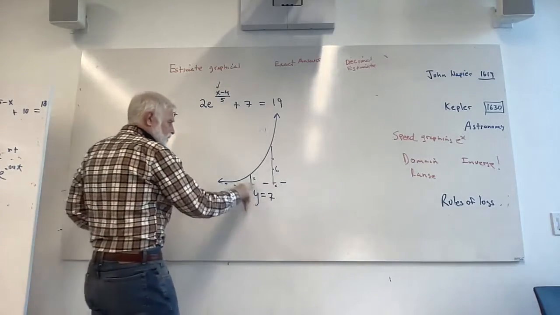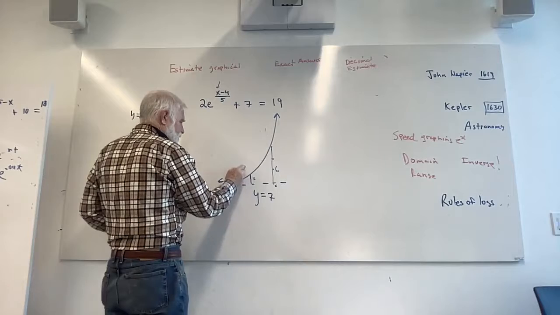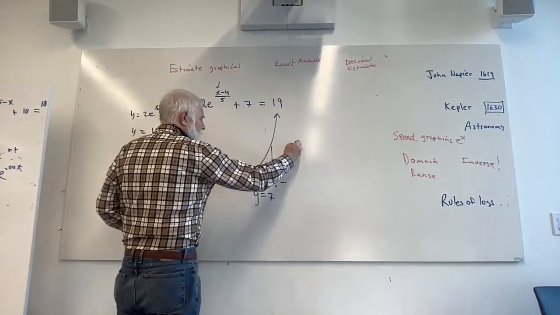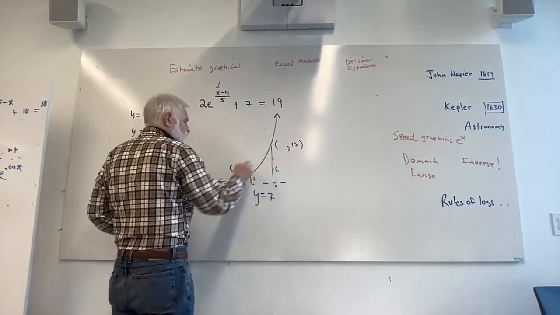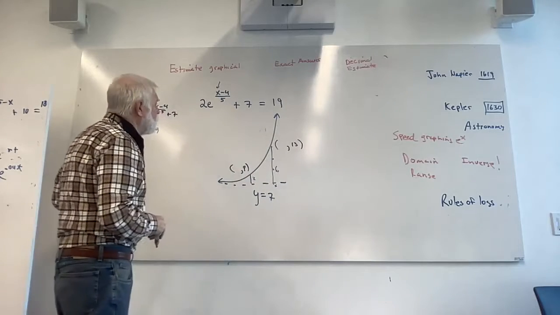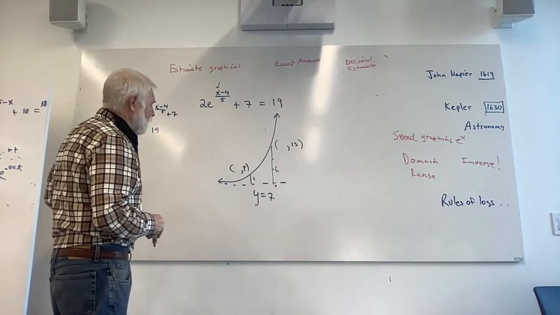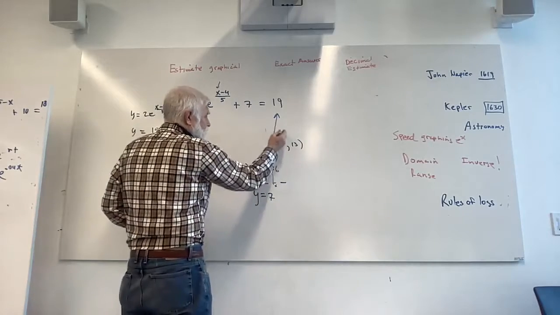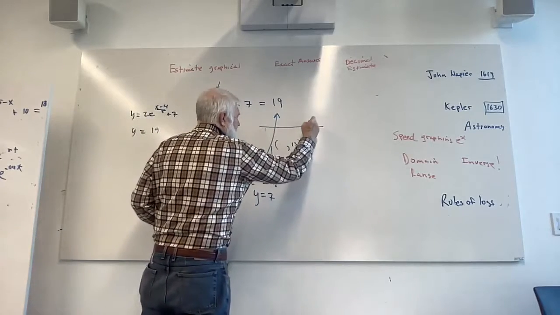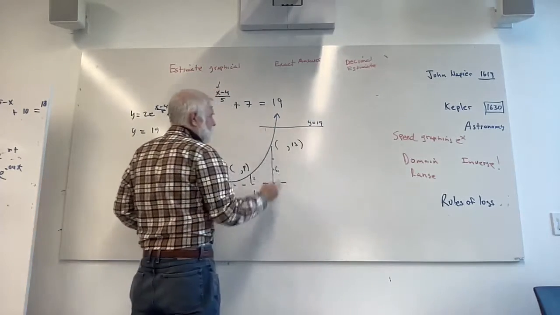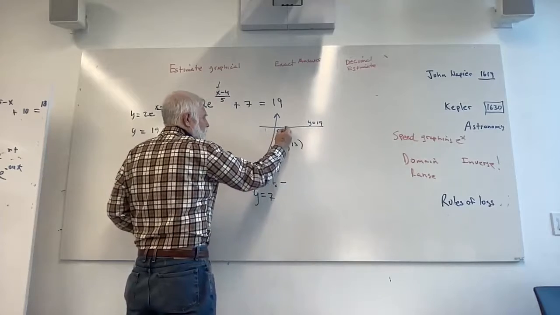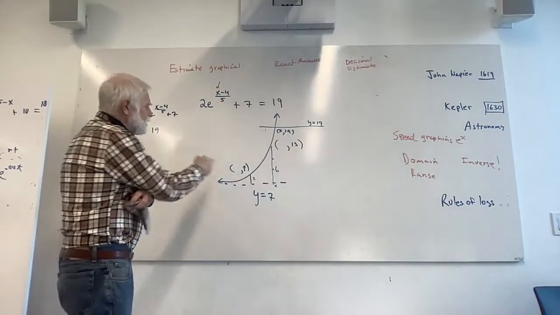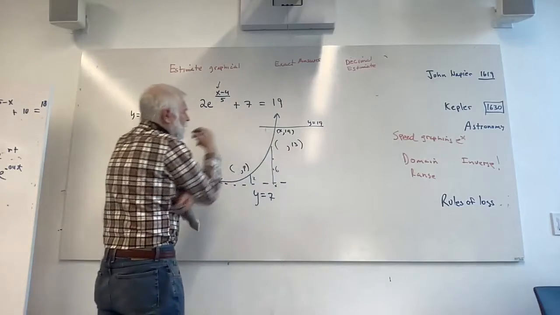All right, so 7 plus 2 is 9, and 7 plus 6 is 13. These are going to be approximate answers. I want a height of 19, and a height of 19 is another 6 up. I think that's the height of 19. So I want this x coordinate, and I got to find the x's that go with these in order to guess that one.